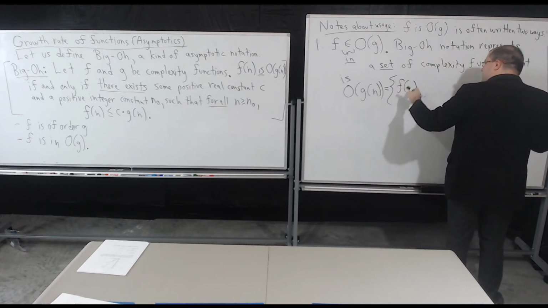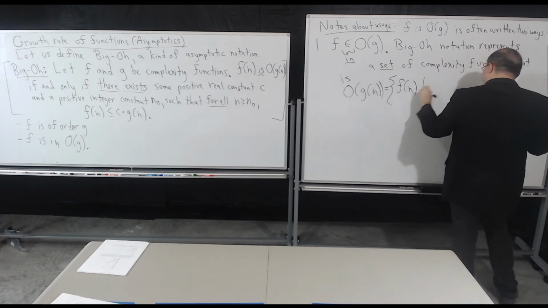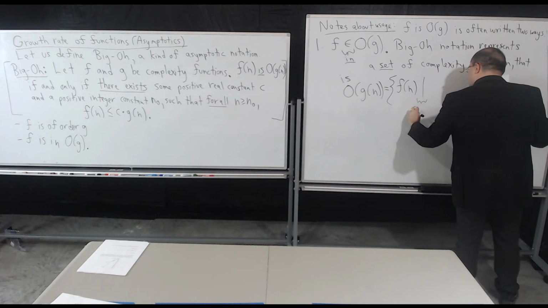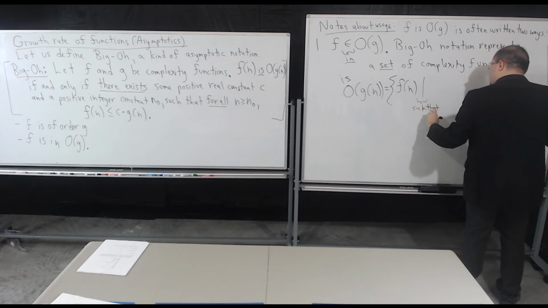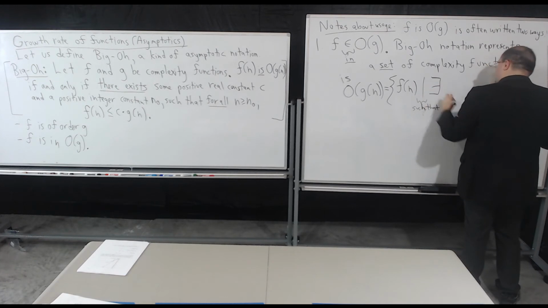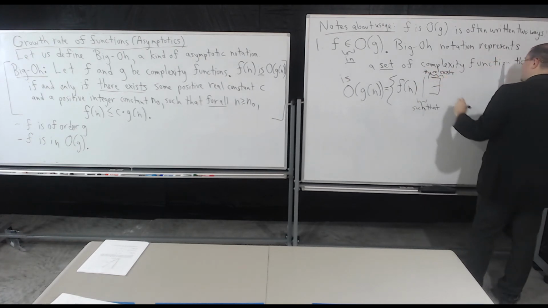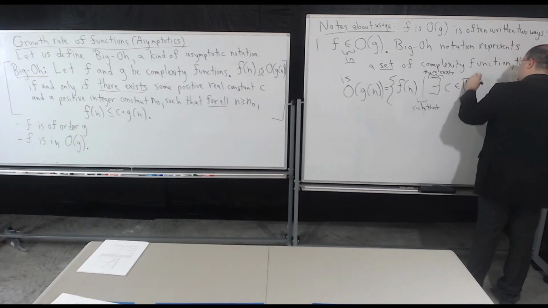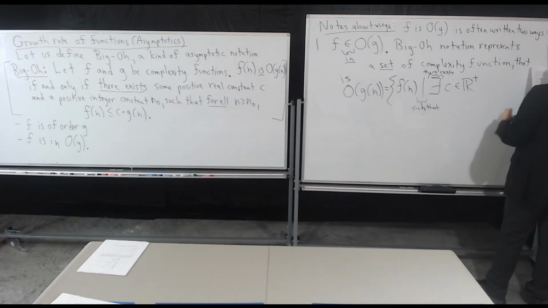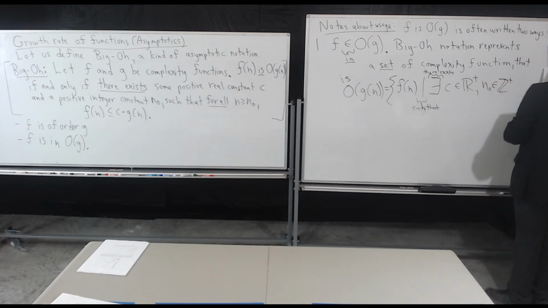Big O of g of n is equal to the following set: f of n such that there exists, this backwards e means there exists, C in the set of all positive real numbers and n0 in the set of positive integers.